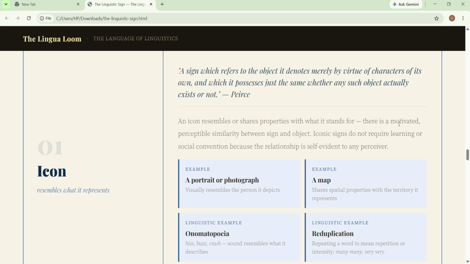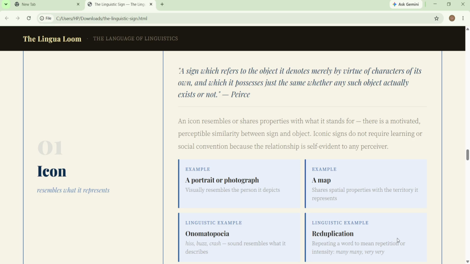This is a motivated, perceptible similarity between sign and object. Iconic signs do not require learning or social conventions because the relationship is self-evident to any perceiver. Example: a portrait or photograph visually resembles the person it depicts. A map shares properties of the territory. Onomatopoeia, like buzz or crash, sounds resemble what they describe.